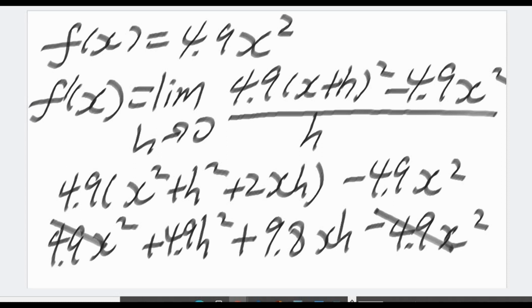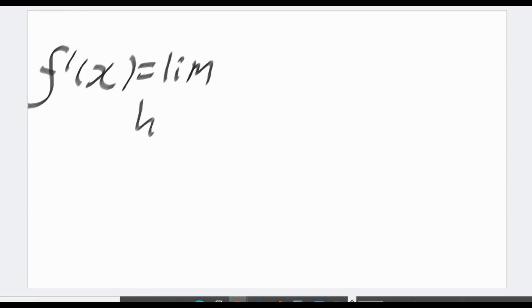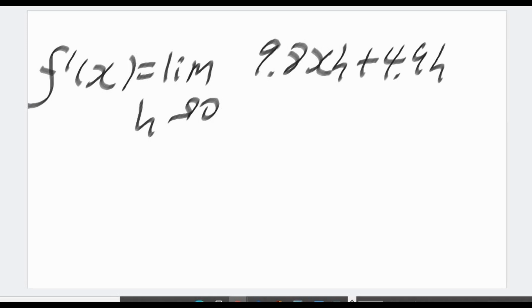Hence, we're left with f prime x equals limit h goes to 0, don't forget the limit, 9.8xh plus 4.9h squared over h.